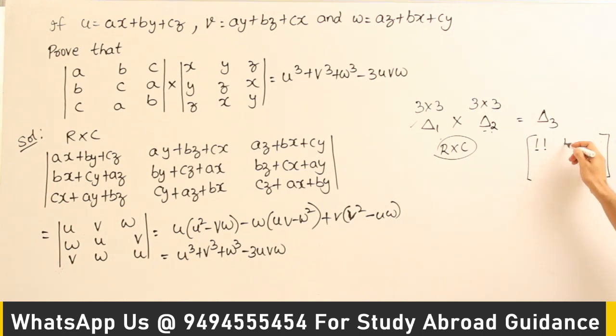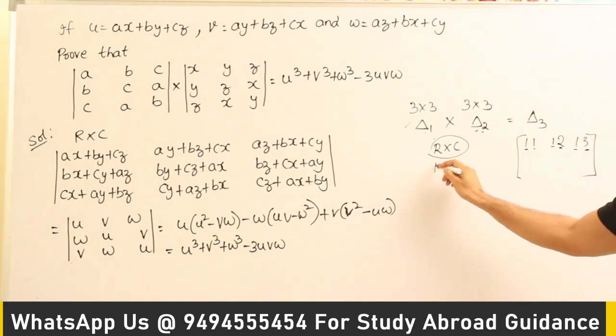And if you are looking for the element 1 2, it means that you take the first row from delta 1 and the second column from delta 2. 1 3 means first row from delta 1 and third column from delta 2, and you multiply the corresponding elements and you write them there.